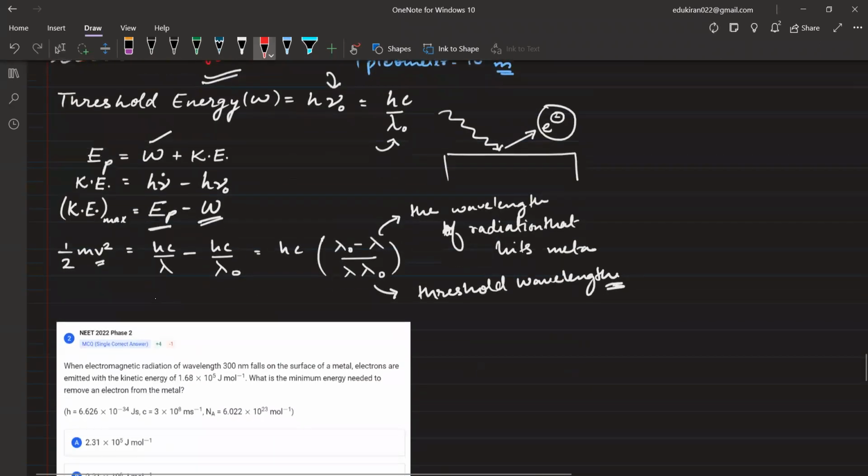Photoelectric effect में क्या होता है? When a light strikes metal surfaces with appropriate frequency, then electron is given out.